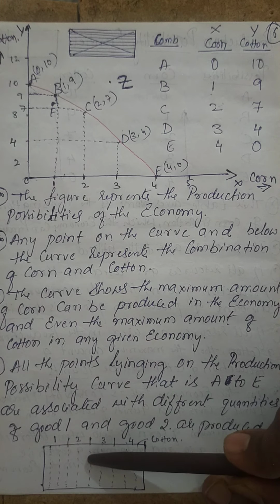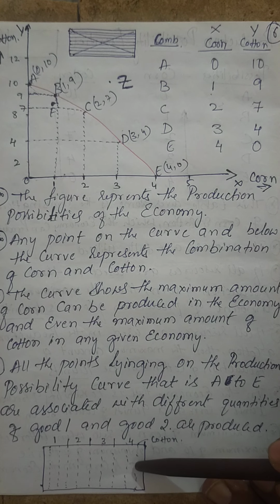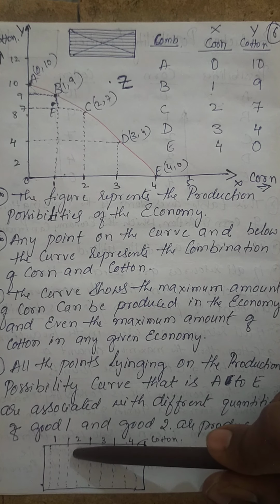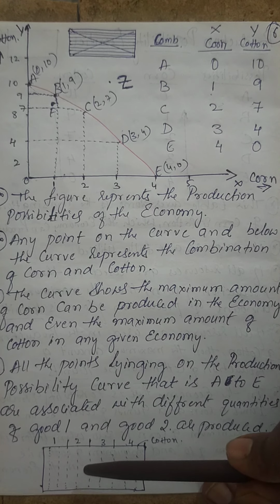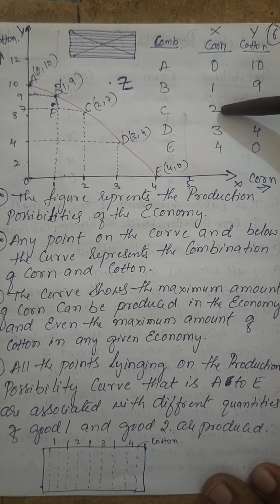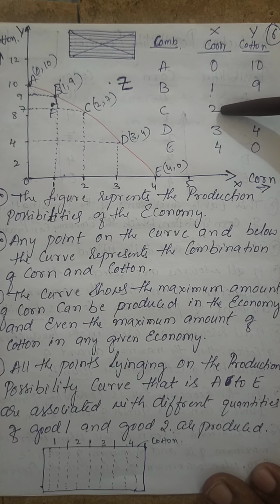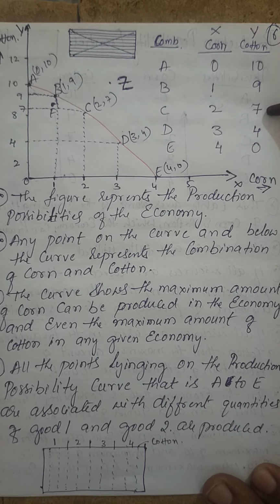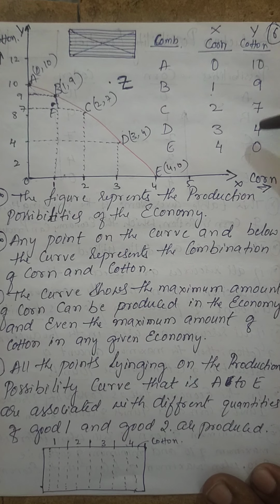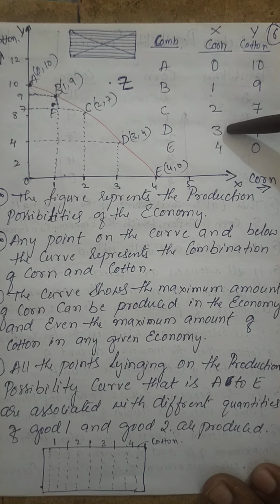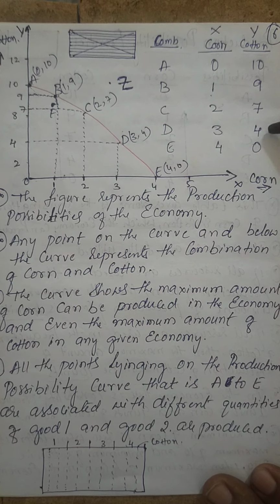The product cotton is being sacrificed to produce some units of corn. This is the word we use in economics. So 2 units of corn are grown in the field, and for that, cotton is being sacrificed.